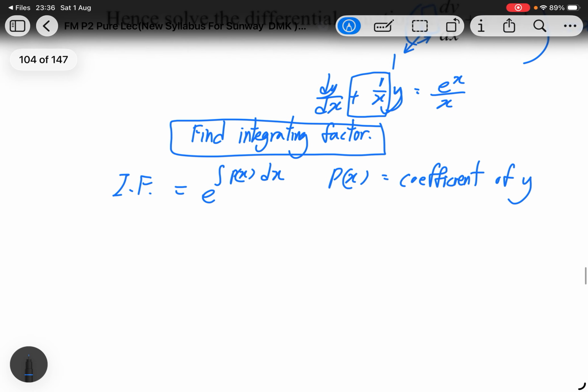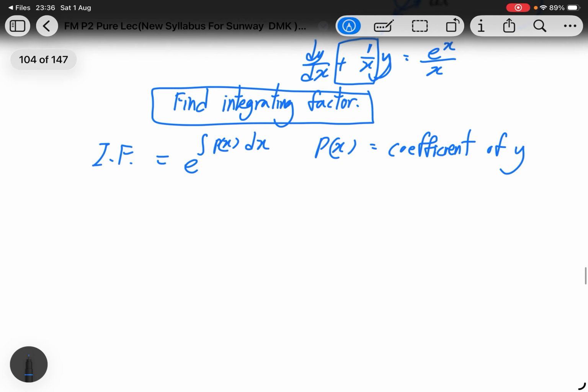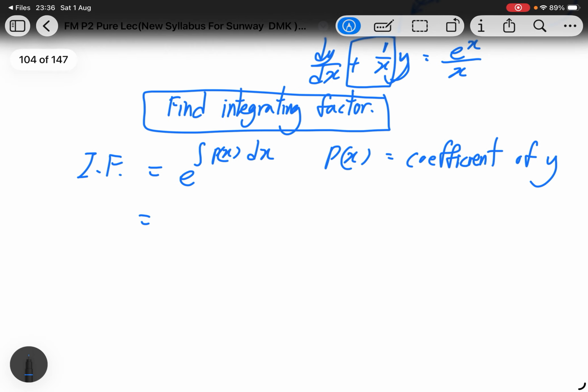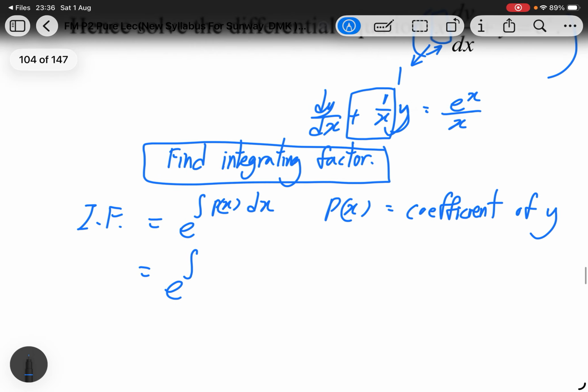In this case it's 1/x, so it equals e^(integral of 1/x dx), which is just e^(ln x), which is just x.